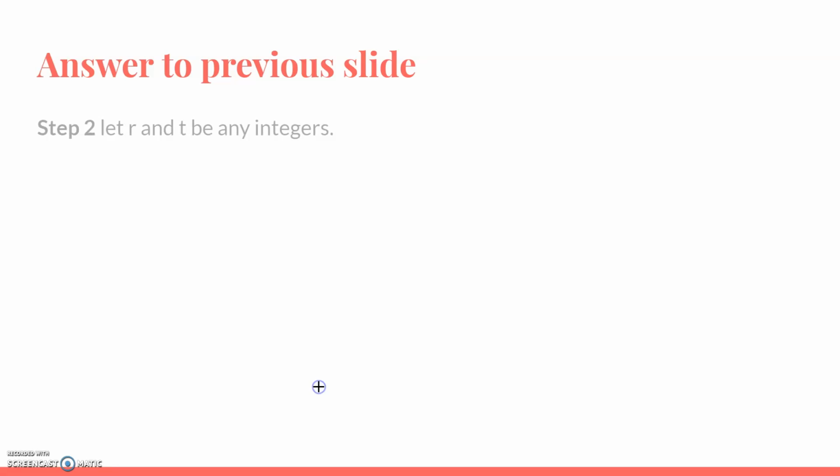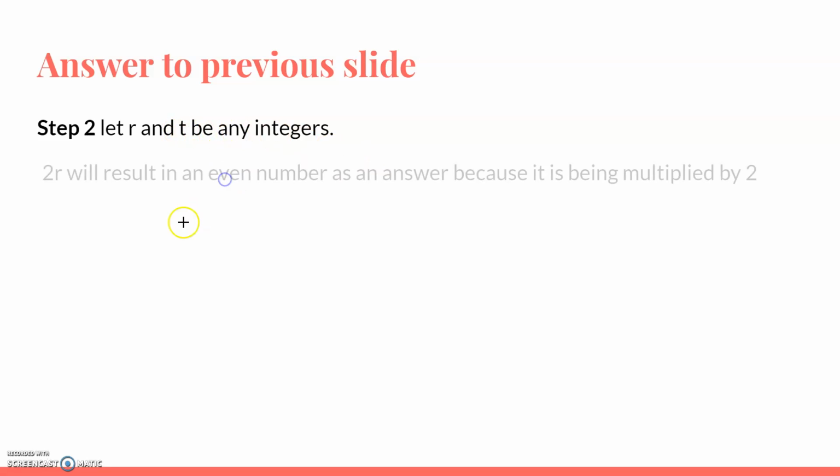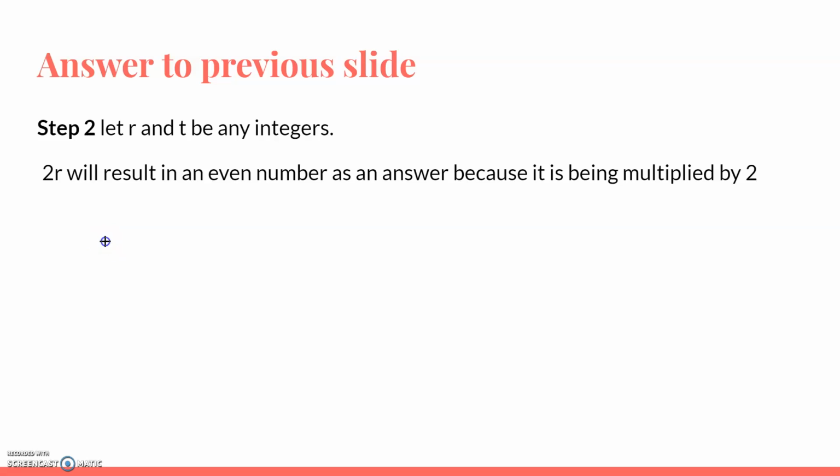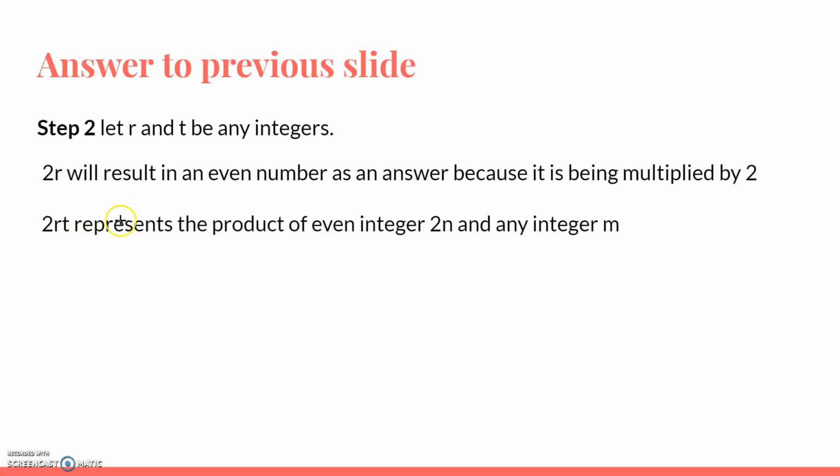So now, using deductive reasoning to prove it. Let r and t be any integers. So 2r will result in an even number as an answer because it is being multiplied by an even number, 2. 2rt represents the product of even integer 2r and any integer t.